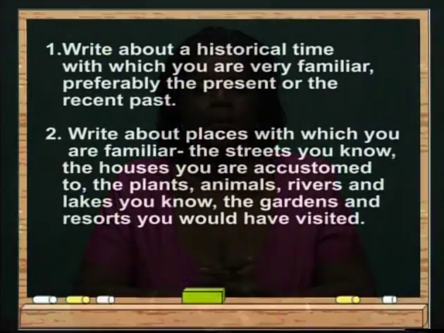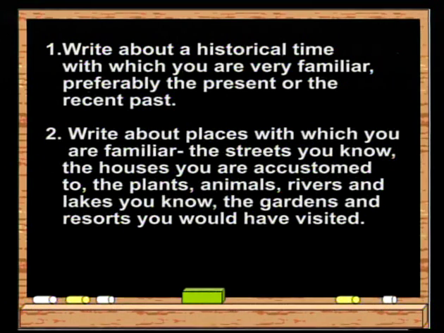Students should bear these few pieces of advice as far as setting is concerned when writing the short story. Write about a historical time with which you are very familiar, preferably the present or the recent past.